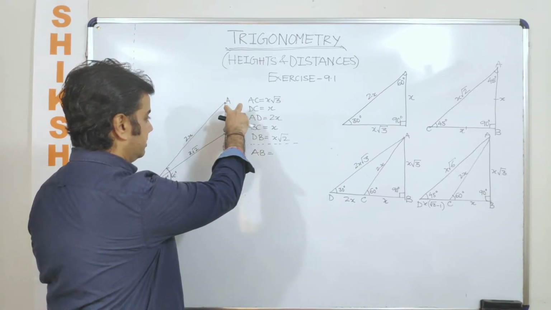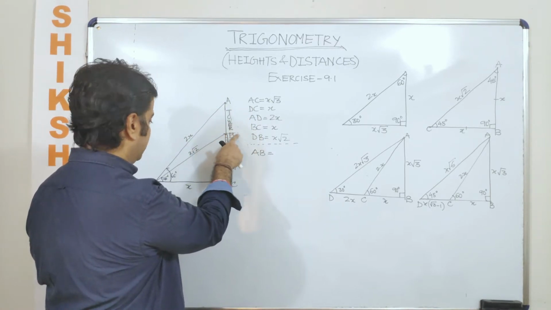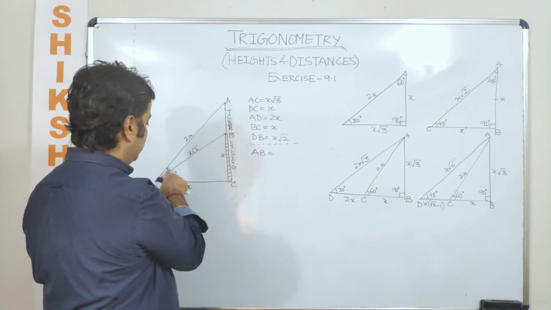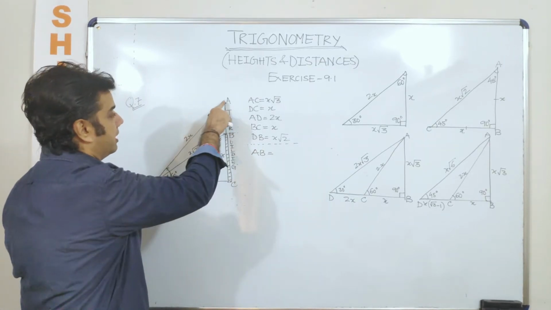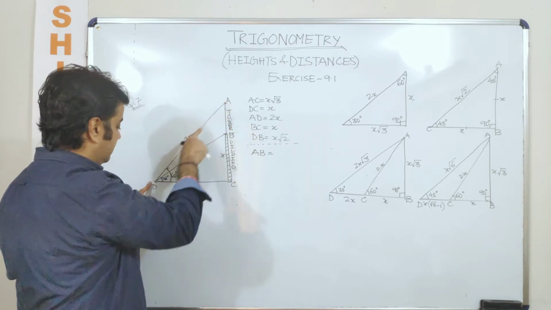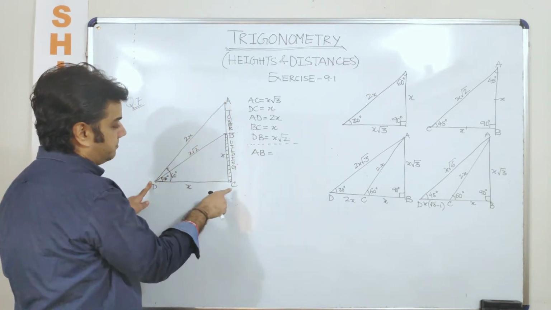The bottom of the tower is at B. The angle of elevation of the bottom of the tower is 45 degrees, and the top of the tower, point A, from a point on the ground which is D, is 60 degrees.